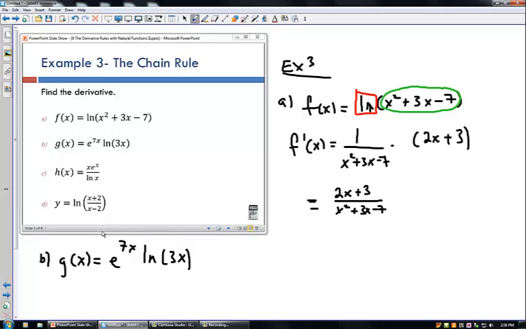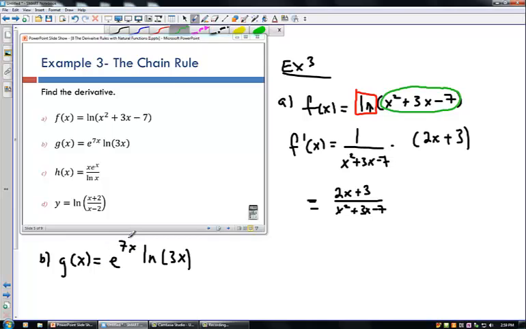You have all kinds of choices. You could apply the first natural function rule to this e, but of course that won't involve this ln of 3x. You could apply the second natural function rule to ln of 3x, but of course that won't involve the e. So you want to apply the rule that involves everything.